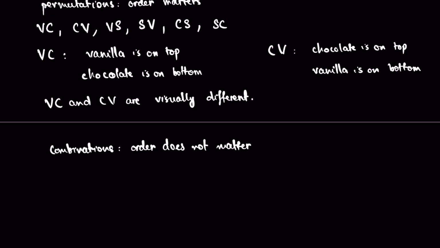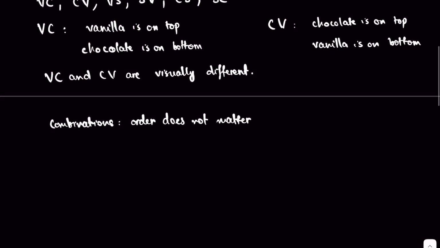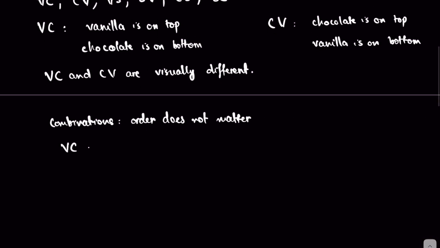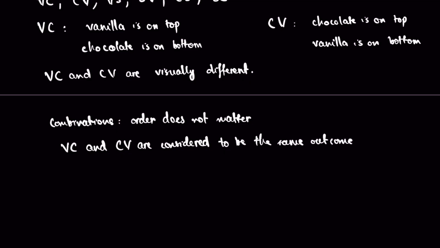Therefore, the choice of vanilla then chocolate and chocolate then vanilla are considered to be the same outcome. That means that for combinations in this particular example, we only want to know about the groups of flavors.